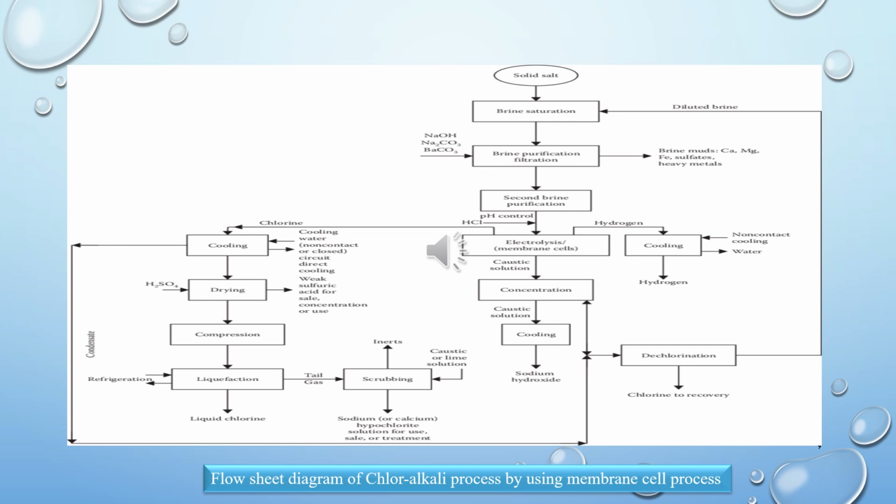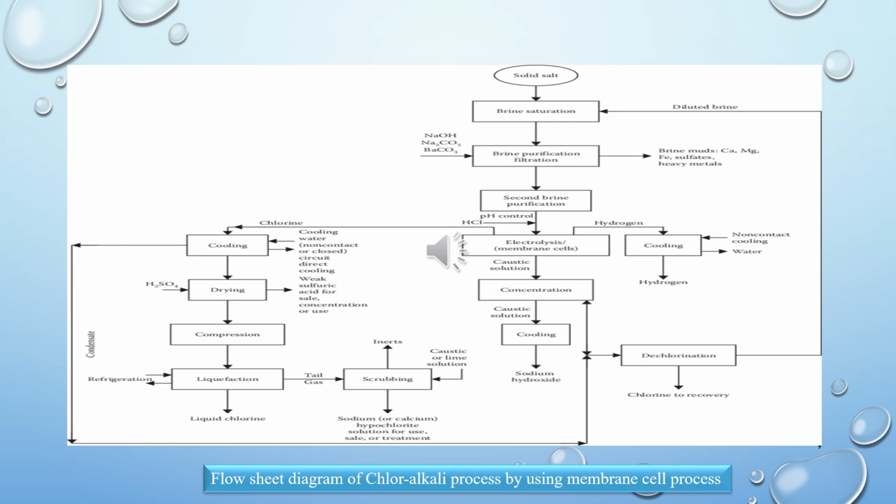After the concept of electrolysis and the production of sodium hydroxide and chlorine, now we are going to discuss the flow sheet diagram of the chloralkali process. In this process, first of all, we have salt. Now we will prepare its solution. That solution may contain calcium salt, magnesium salt, sulfates.